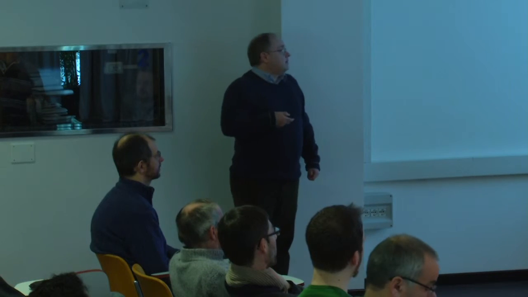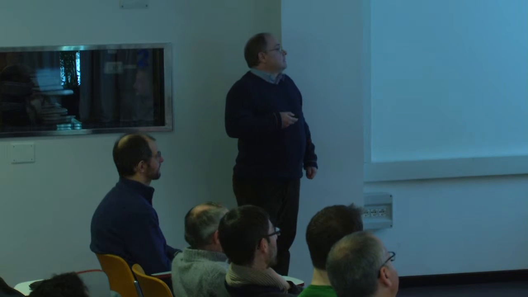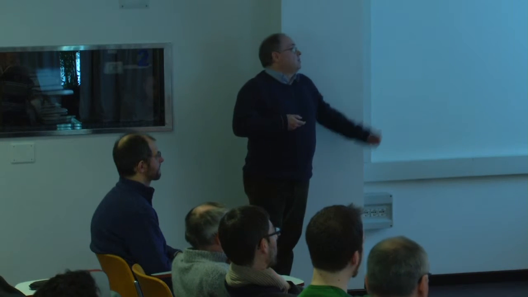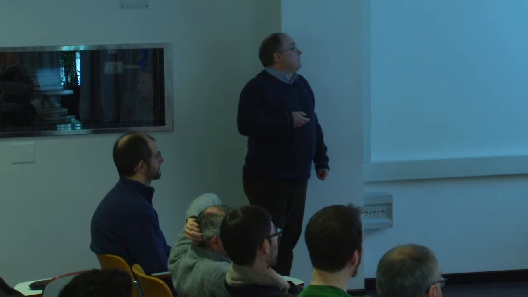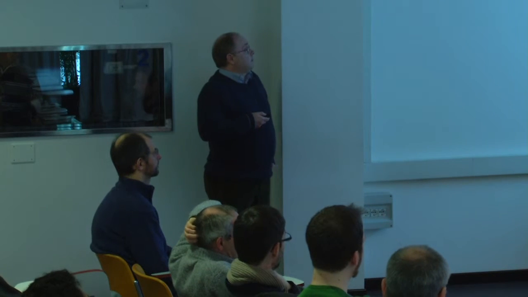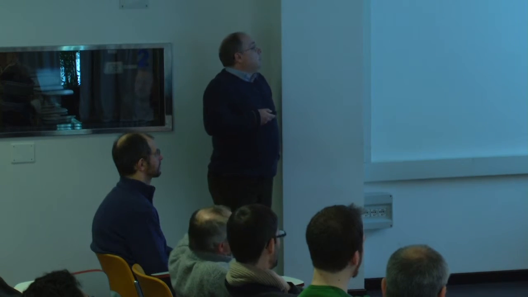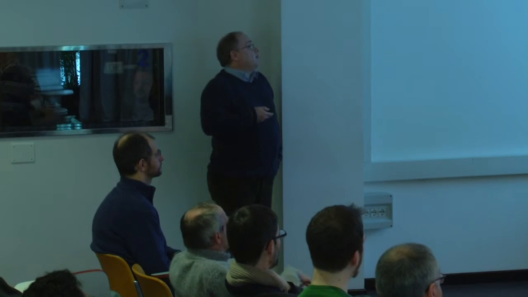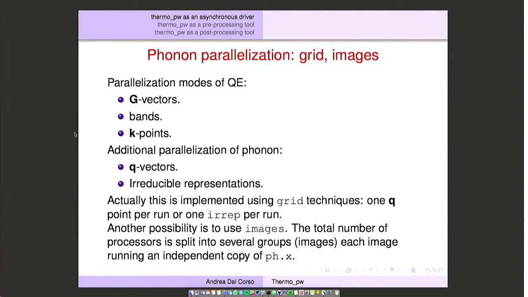And so ThermoPW is made to drive this kind of calculation and to go in this direction. So how did it start? Well, we started from the idea of using grid and images in the phonon code. You know the phonon code has G-vector parallelization, bands, task groups also, and the K-points.